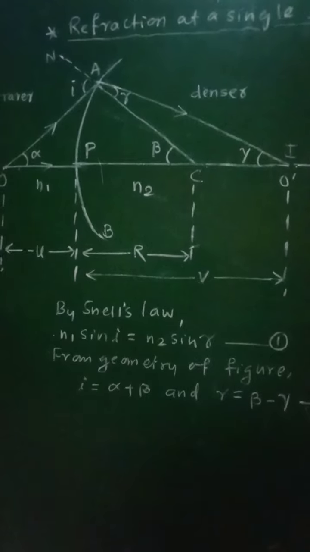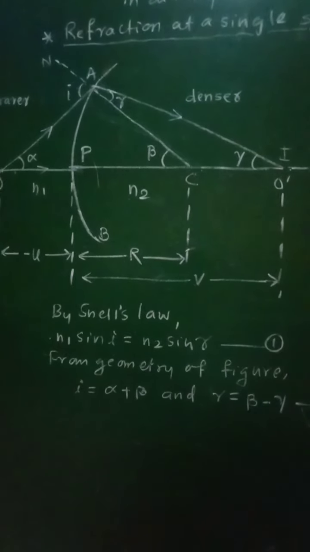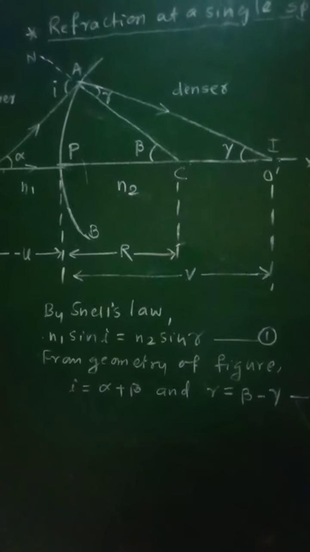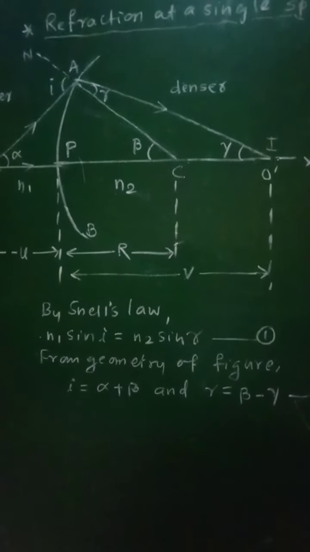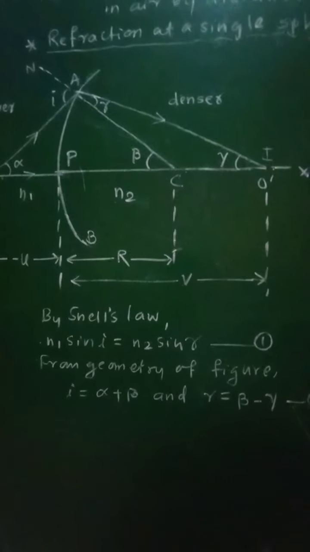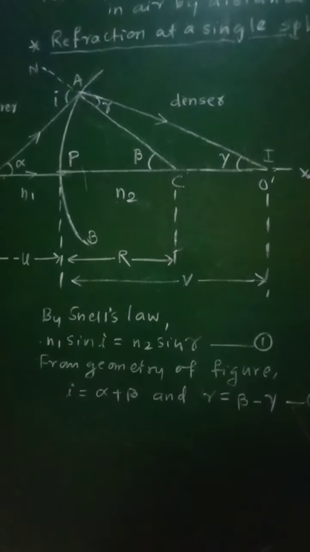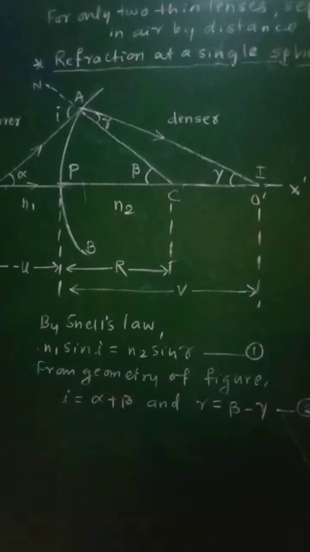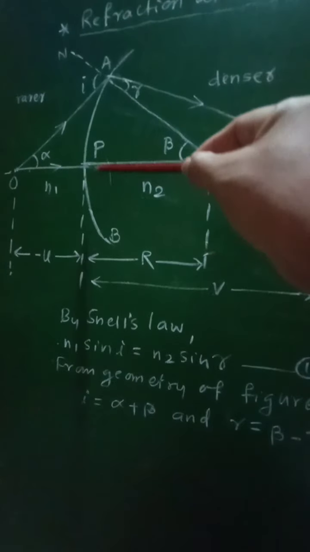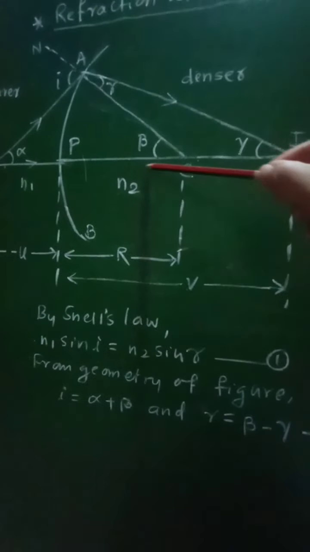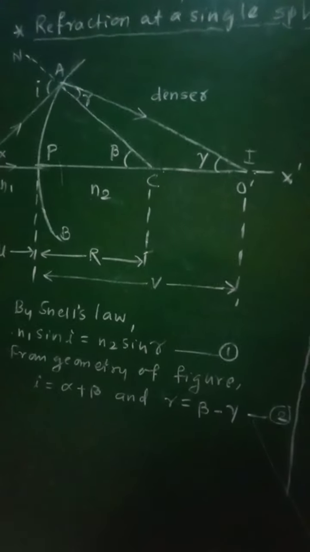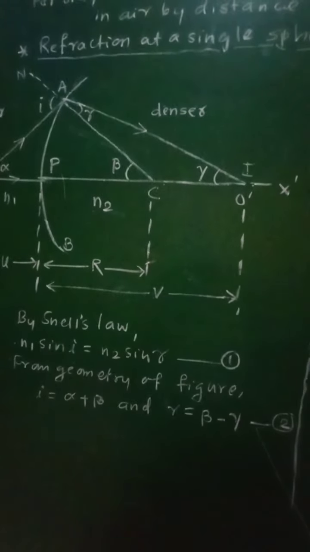Then minus u will lie in the medium of refractive index n1. Similarly, the ray OP along the principal axis will travel undeviated along X P X dash. So when this ray OP is normally incident on this surface, without any deviation it will travel along the same line, that is X P X dash.